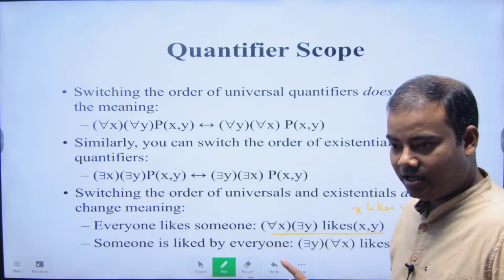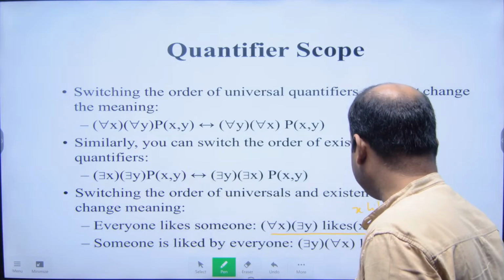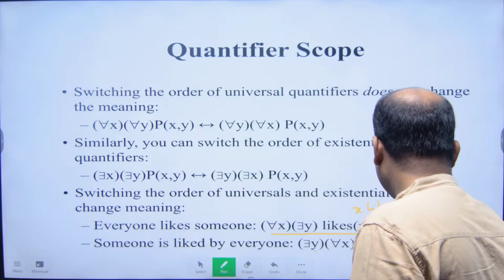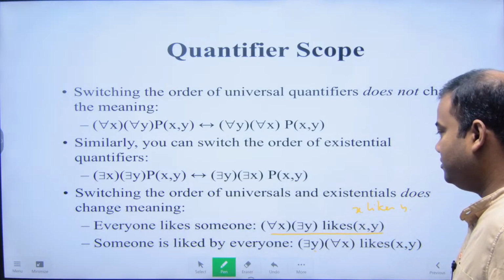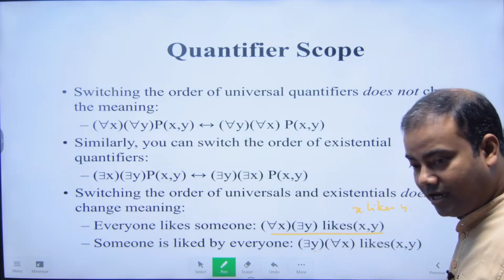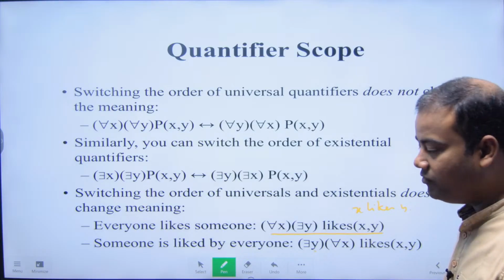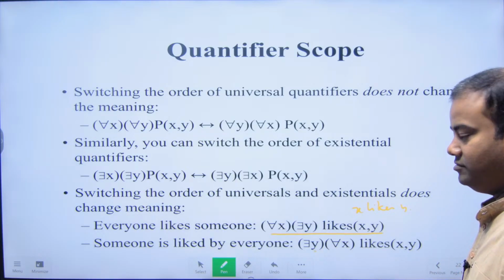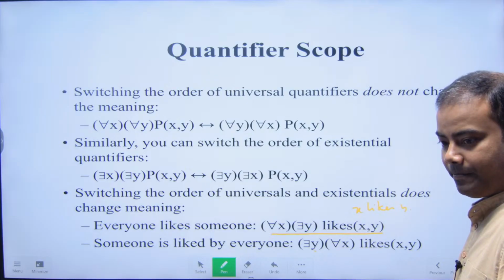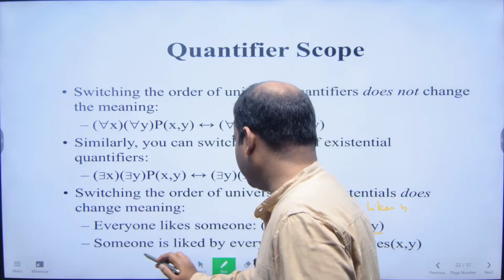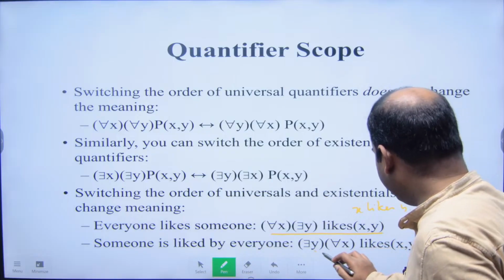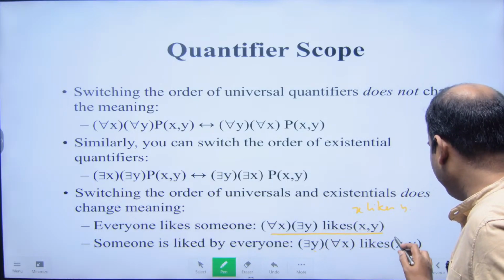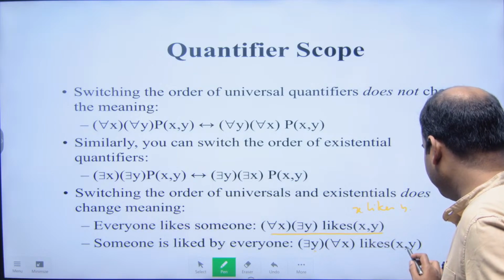But if this is changed, there exists y for all x L(x,y), what is the meaning of this? There exists at least one y that likes all x, who likes everyone. Here it is also important where x is written and where y is written.